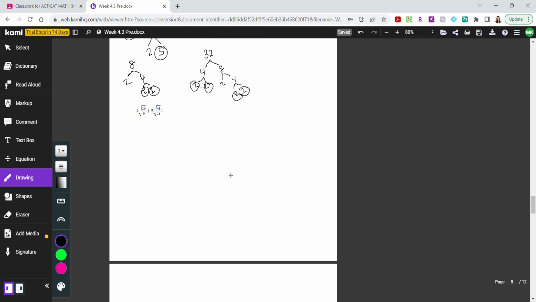Alright, now if we look at the bottom, oh no, a fraction. It's actually not too scary. Alright, so we're going to write 4 like normal first, and then parentheses. Let's break down 20, because I already know that square root of 9 is 3. So 20, let's see how much we can break down.